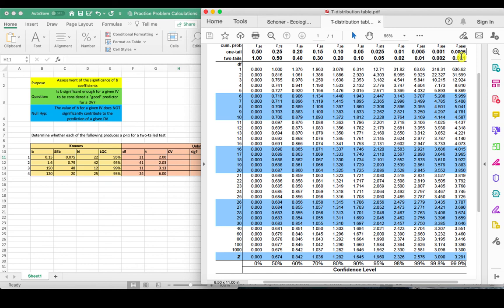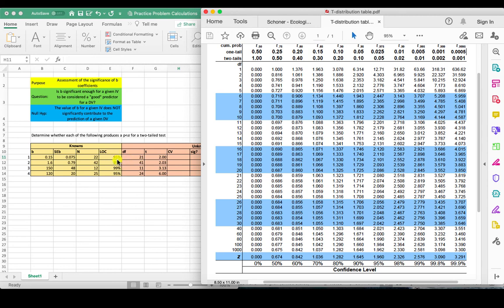So I prefer to look at the confidence level part at the bottom to find my critical value. So in the first example, we have a degrees of freedom of 21, which is what we will look up in this column over here. And then we have a level of confidence defined as 95%.